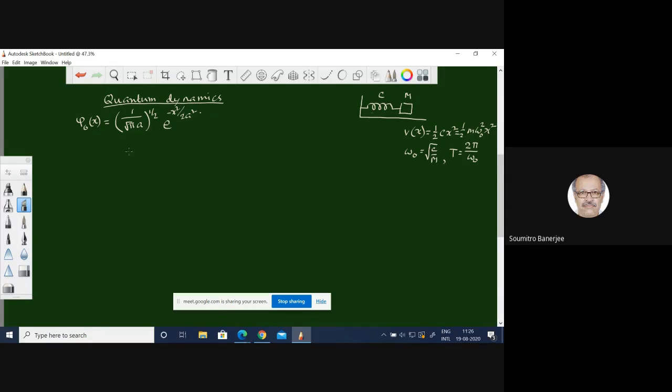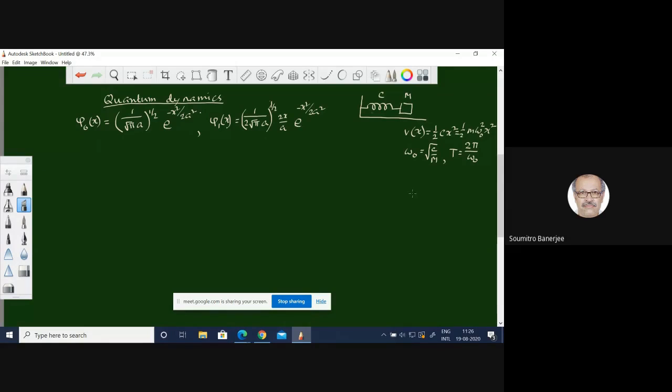And your ψ1, first excited state eigenfunction, just recapitulation because you have done this already, was 1 by 2 square root π a, square root, and 2x by a e to the power, again the same thing, minus x² by 2a².